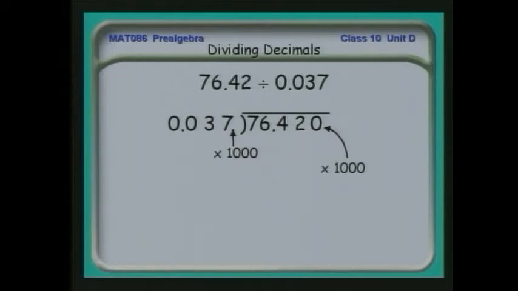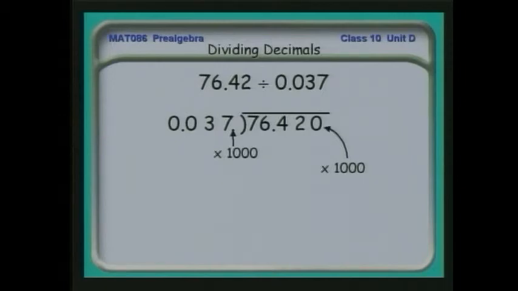Now I'm dividing the number 76,420 by 37. The answer will be the same, because if you think of that division as a fraction, what I'm doing is multiplying the numerator and denominator by the same thing, by 1,000, and I haven't changed the value of the fraction.